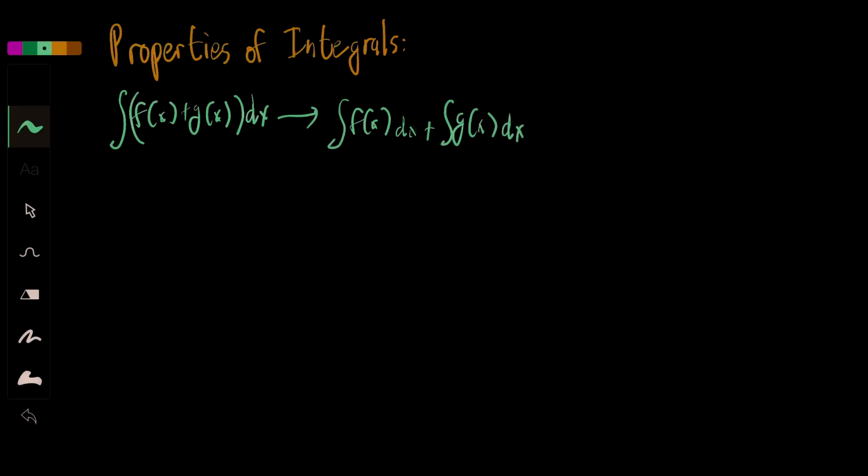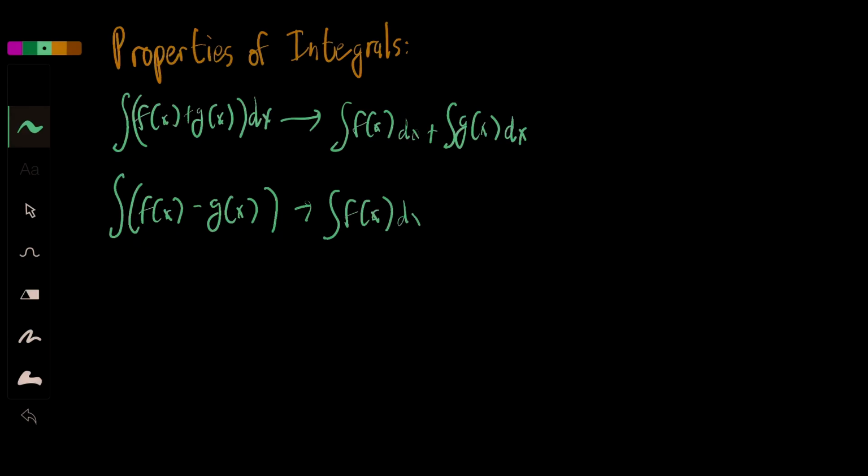So if I was doing f of x minus g of x, it's equal to the integral of f of x dx minus the integral of g of x dx. The reason for this is, let's say instead of plus g of x, we have plus the negative of a function. But the negative of a function is also a function, and we can move that minus over, since minus times plus is minus, and thus create f of x minus that function g of x.